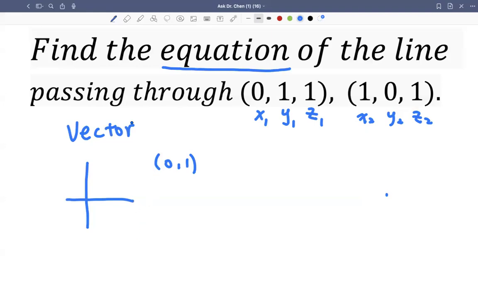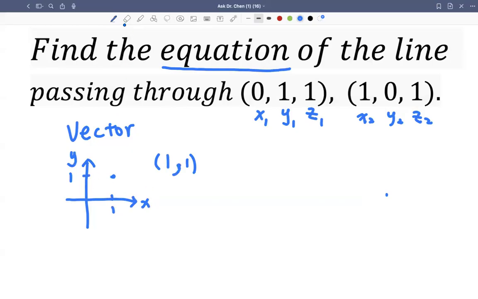Let's use a better example, say 1, 1. If this is the 1, this is the 1, this is the x-axis, this is the y-axis, I have a point here. That's 1, 1: x value is 1, y value is 1.